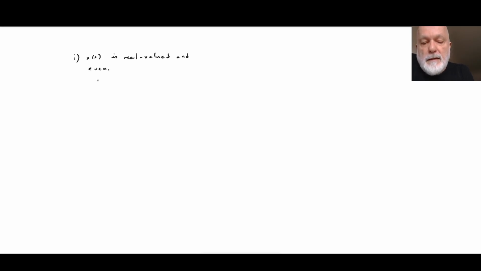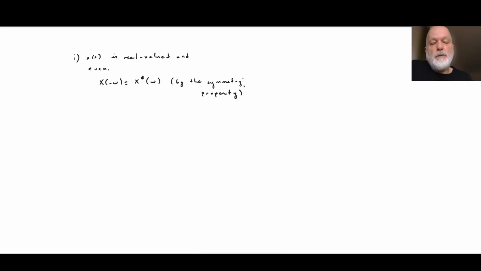Now, since x of t is real valued, X of minus omega is equal to X conjugate of omega. Okay, this is by the symmetry property of the Fourier transform for real valued signals.